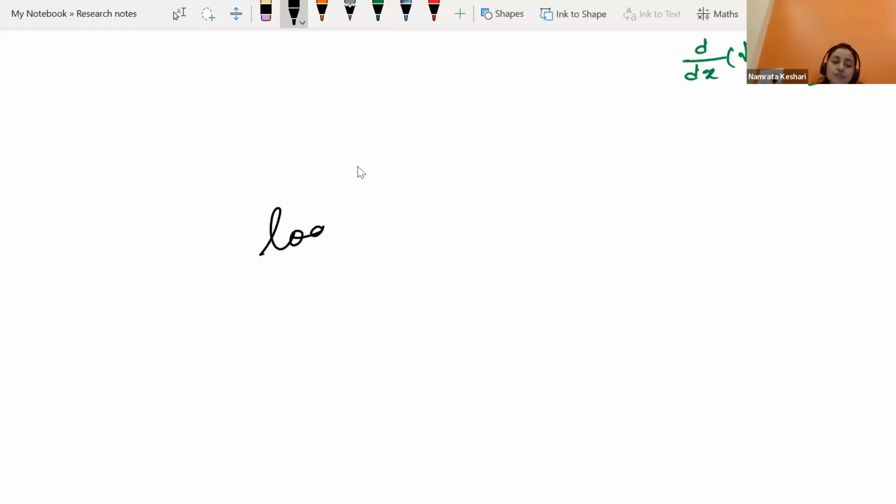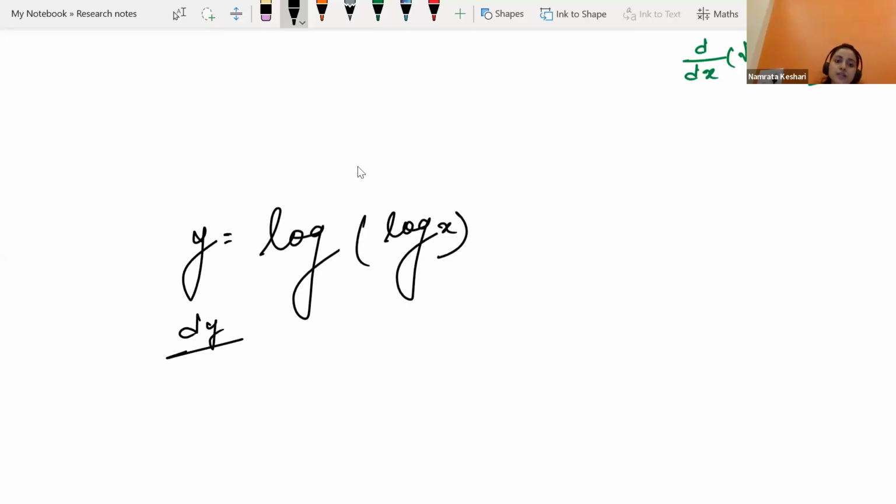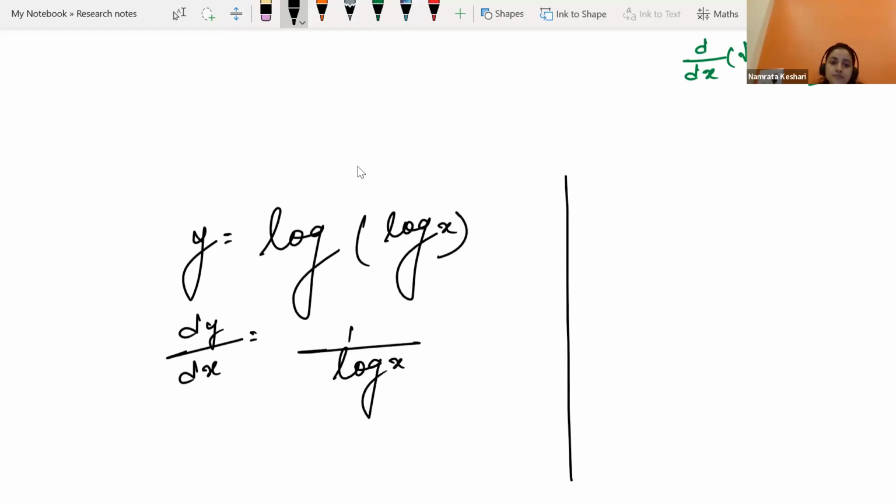Now we are having y is log of log x, let's find dy by dx, which will be 1 by log x, into d by dx of log x, that is 1 by x. Or let's move: cos x by log x.